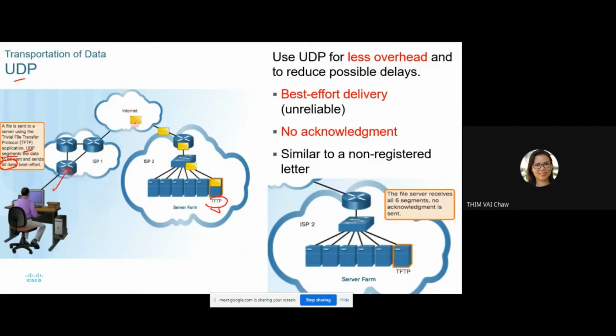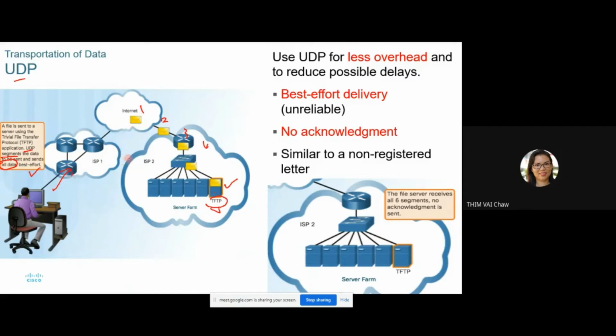Definitely all this data has a sequence number, 1, 2, 3, 4, 5, 6. But it will send out all the data, whether or not the data arrives at the destination device, this server. It tries its best effort delivery, meaning it is unreliable. The data is gone already, lost already, and they don't care.